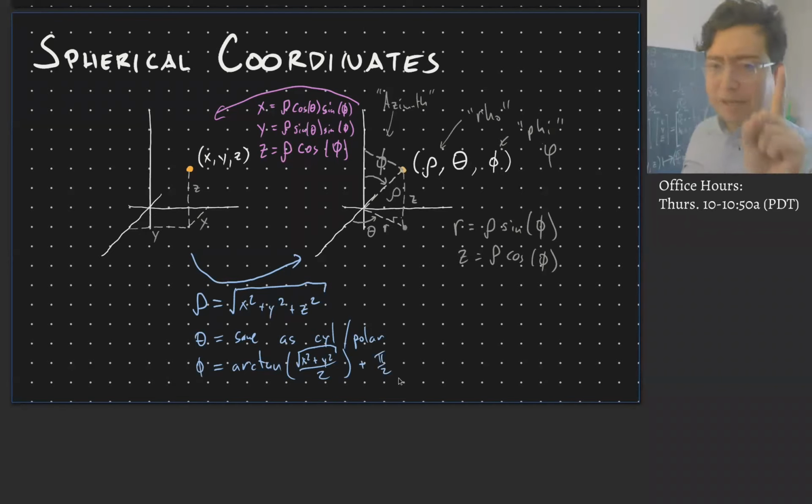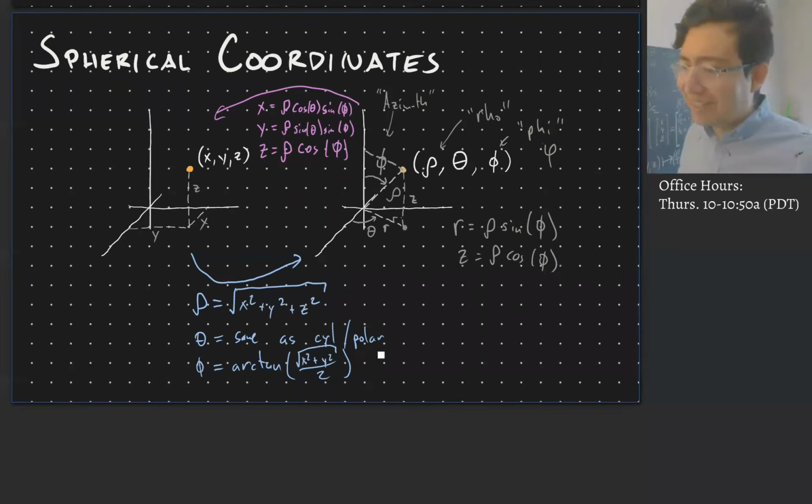And that's just going to make sure that I get something between 0 and pi. Okay. So if you get something in the calculator that's negative, this angle should never be negative.